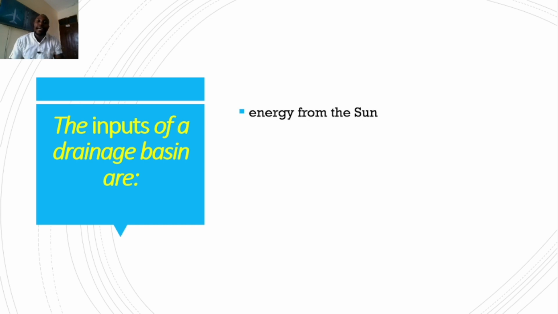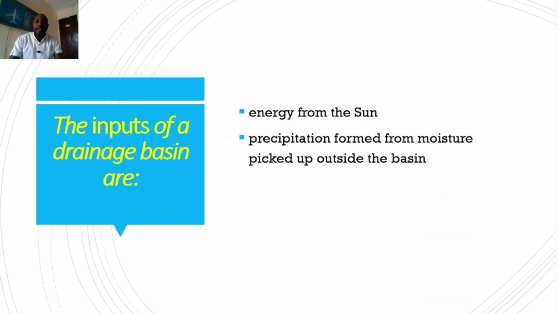So it will make that water evaporate, and that will lead to precipitation. So you see that is water which is coming in at the end of it. So precipitation formed from moisture picked up outside the basin is another input, of course.